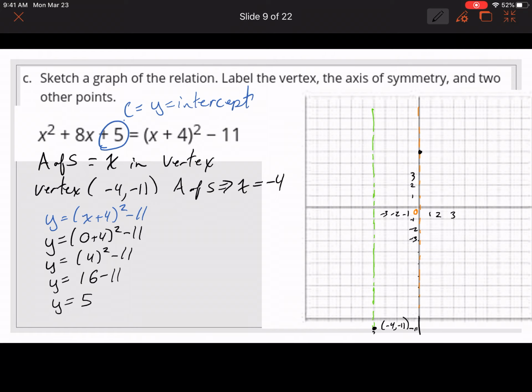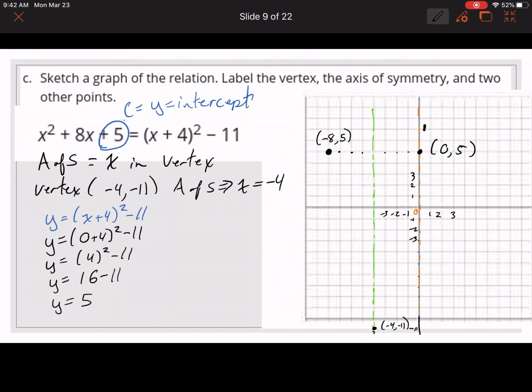So now we know that we've got 1 point, so let's label that. And because this is a line of symmetry, if we went over 1, 2, 3, 4 spaces in that direction, we want to go 1, 2, 3, 4 spaces in this direction, and we have a second point of -8 and 5.